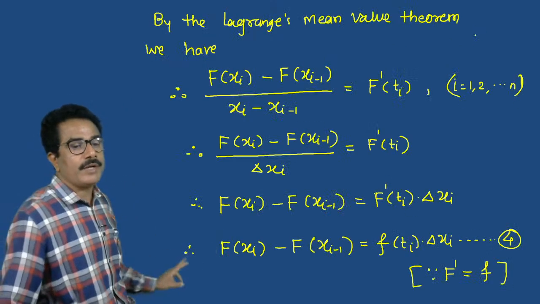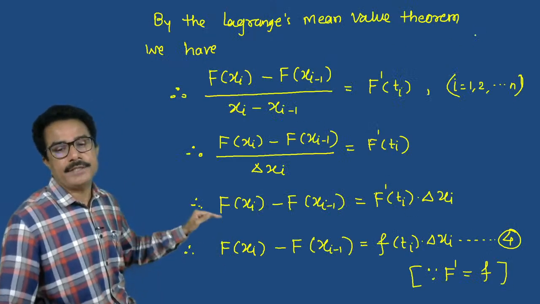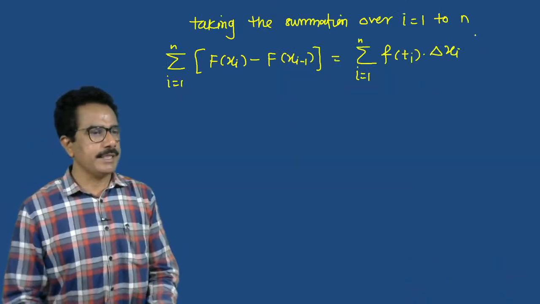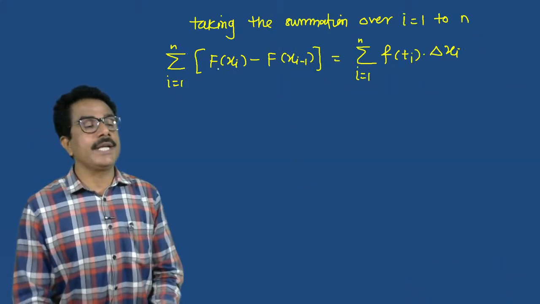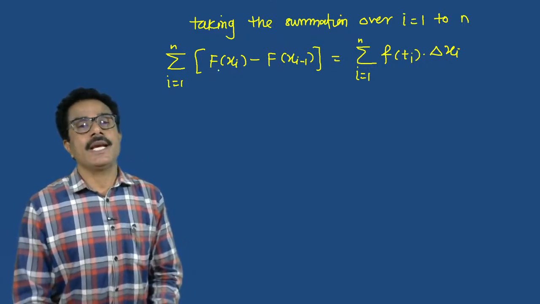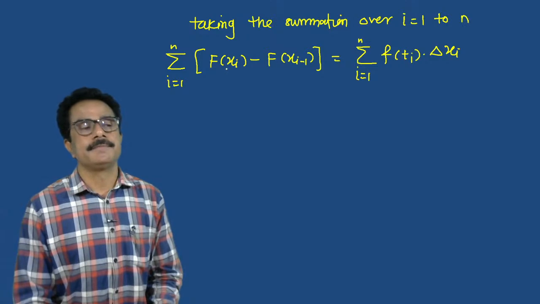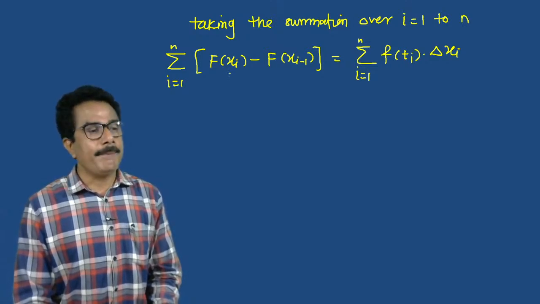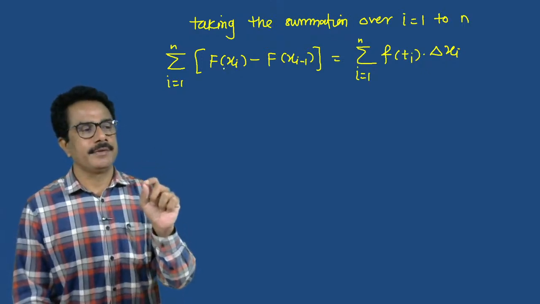We have taken the summation over i equals 1 to n on both sides. So see this, if we take the summation, small xi means it is the value of upper bound in the delta xi.